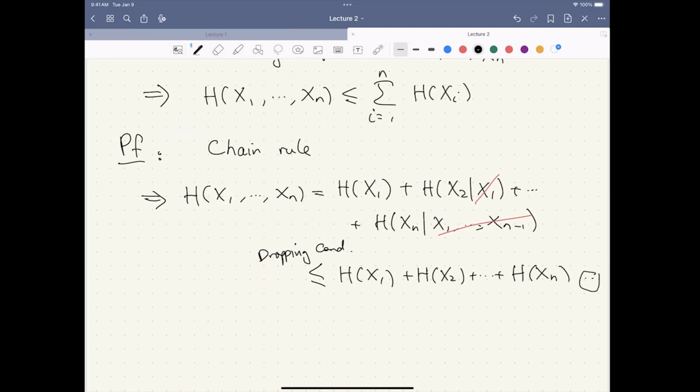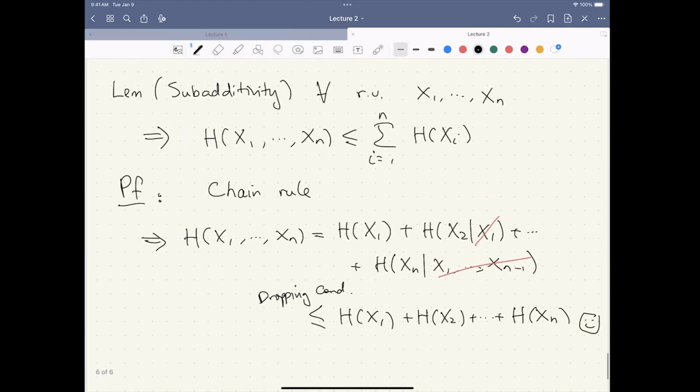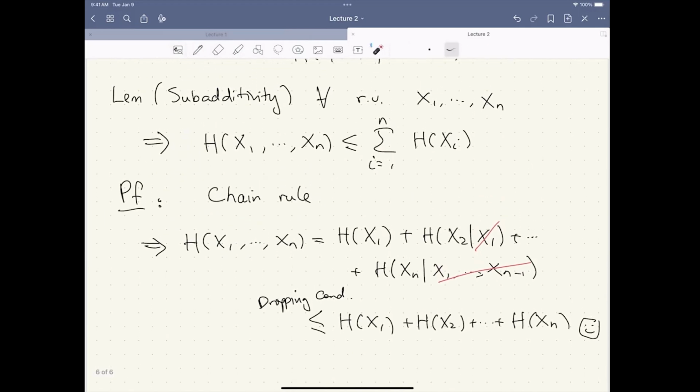That's it. Very simple. Any question? This is subadditivity. The joint information we get is no more than the sum of the information from each individual. The next one, Shearer's lemma, you can view as a generalization of subadditivity.